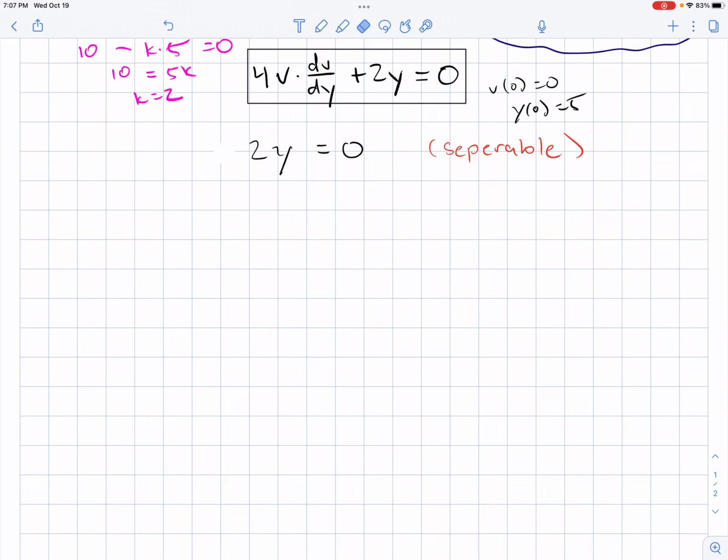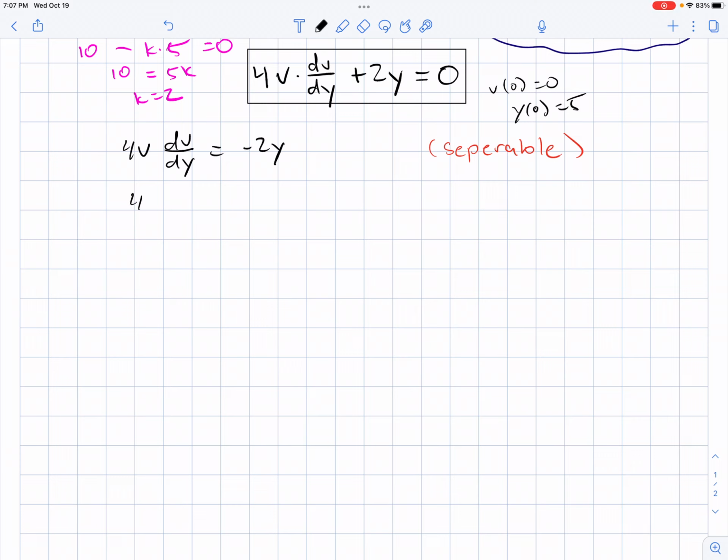I'm actually going to erase this, but we do see that this is a separable equation, and we can work on that right now. We can move the y terms to the right side. We'll have 4v dv/dy being equal to negative 2y. Again, move the dy to one side.